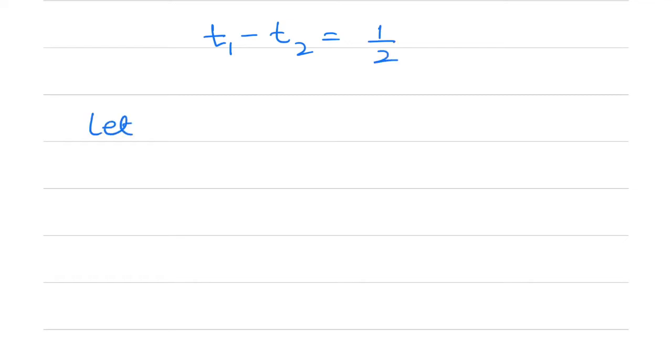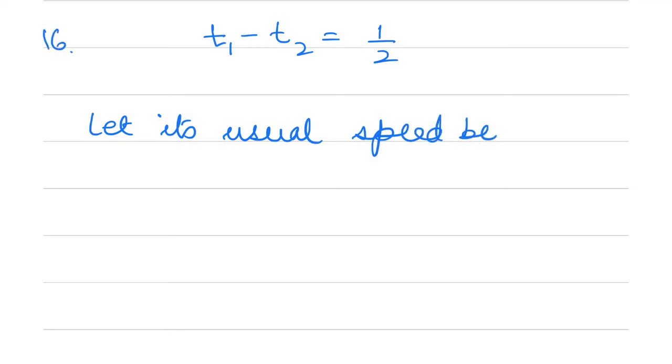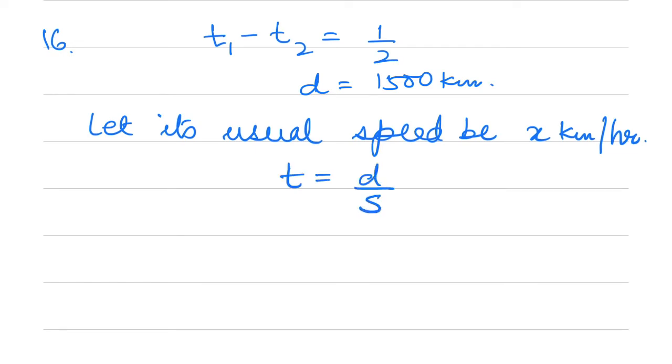Now let its usual speed be x kilometer per hour, and distance we are given as 1500 kilometer. Time is equal to distance by speed.